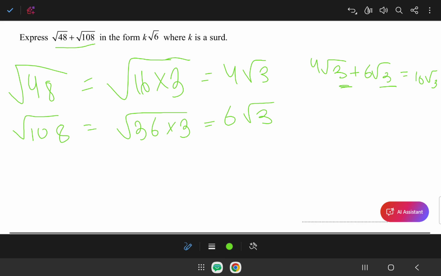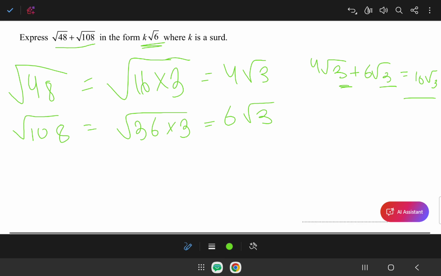You can add those surds because they have the same value. Now that we have this, we look at the question again: in the form of k root 6, where k is a surd. Right now 10 is not a surd. What do we have to do?